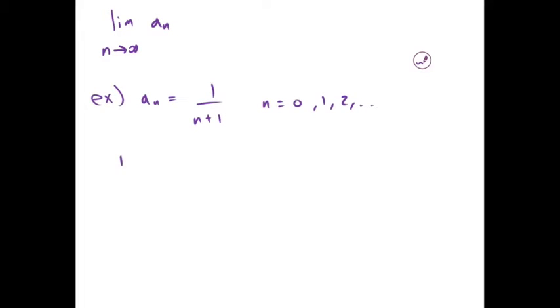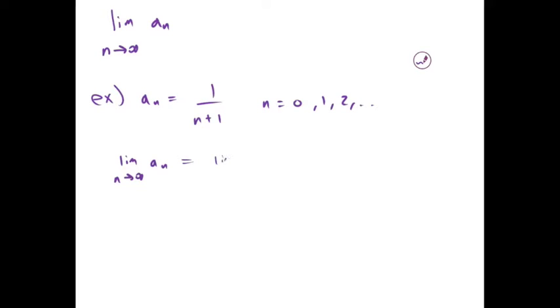We want to see, as time becomes very large, like we wait a long time, what will the population look like? An example would be if a sub n equals 1 over n plus 1, where n equals 0, 1, 2, and so on. What is the limit as n approaches infinity?